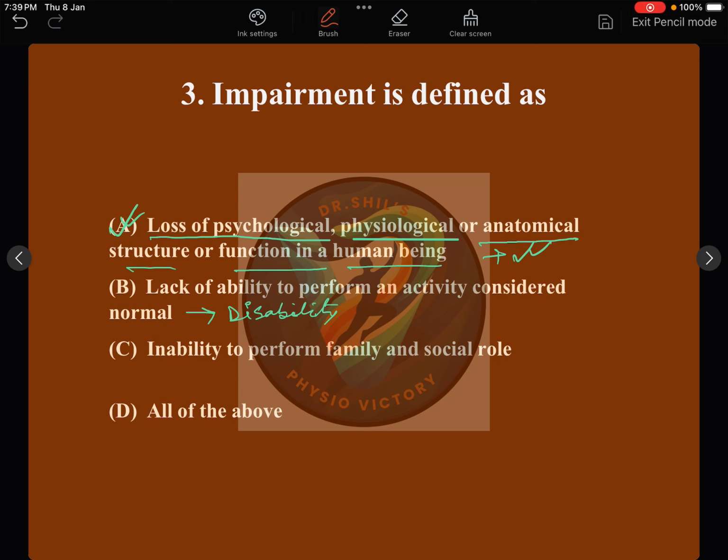And option C is basically referred to as handicap or participation restriction.